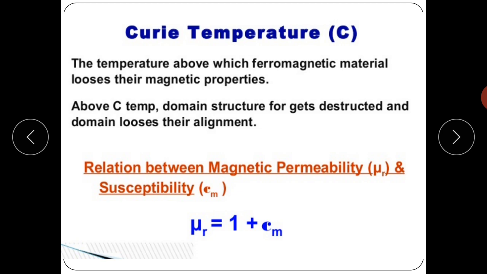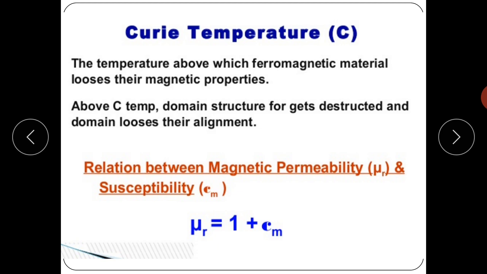Here, the Curie temperature of some magnetic materials is listed. Here, cobalt, nickel, iron. The Curie temperature is around 1404 for one, and nickel is 631.